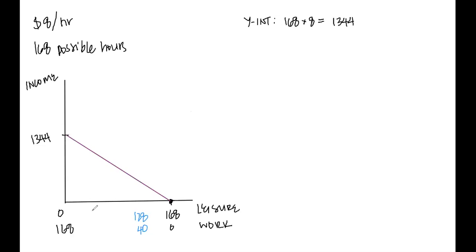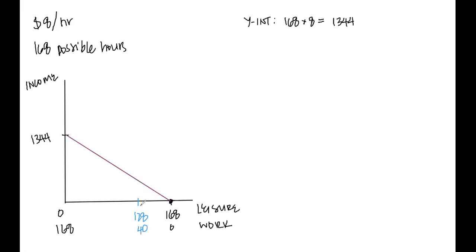Make sure you don't put 40 like over here. Leisure hours and work hours are two very different things, so make sure you're paying attention to which one the instructions are saying. In this case, it said he's working 40 hours out of 168, meaning he has 128 leisure hours.